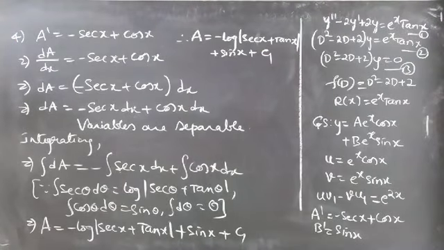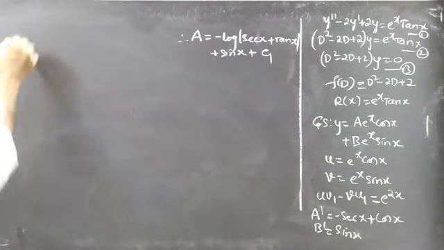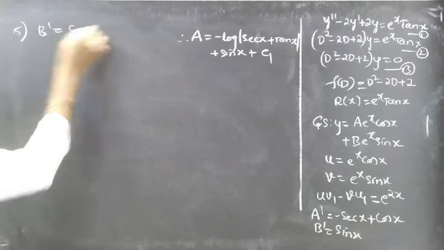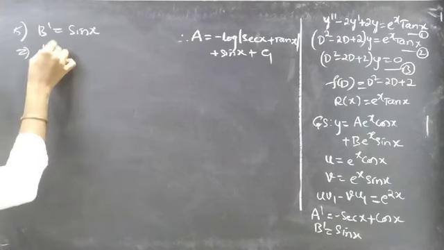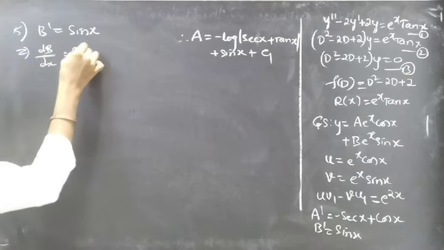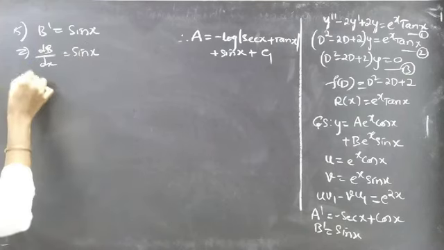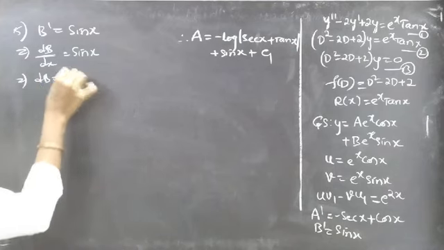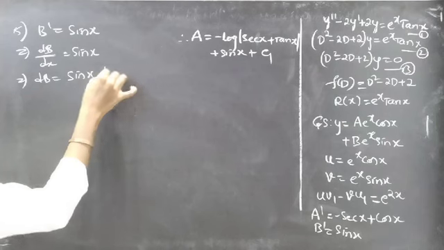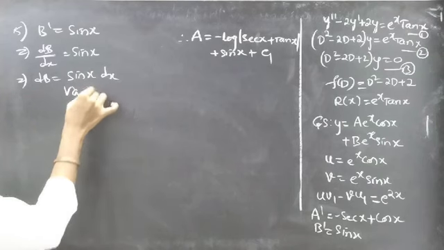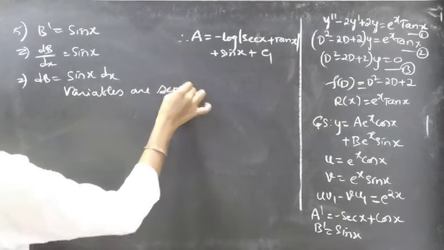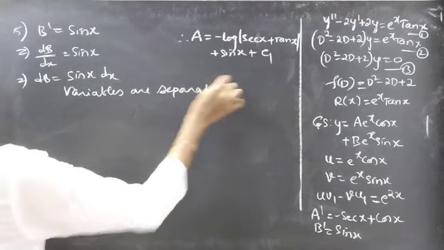Let's now find B using B dash equals sin x. We have B dash equals sin x, right? And we can write B dash as the derivative of B with respect to x. Now let's separate the variables. By taking the differential dx to the RHS, we'll get dB equal to sin x dx. Here the variables are separable, so let's perform integration.